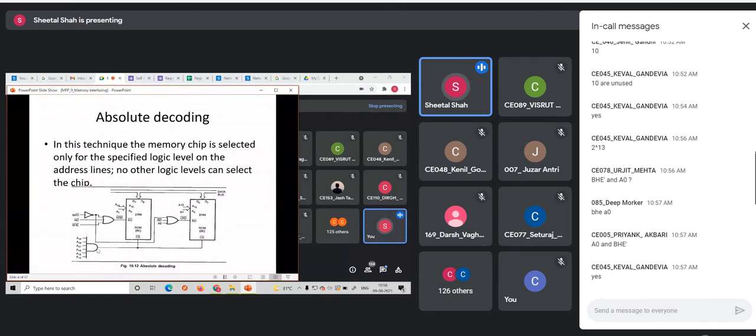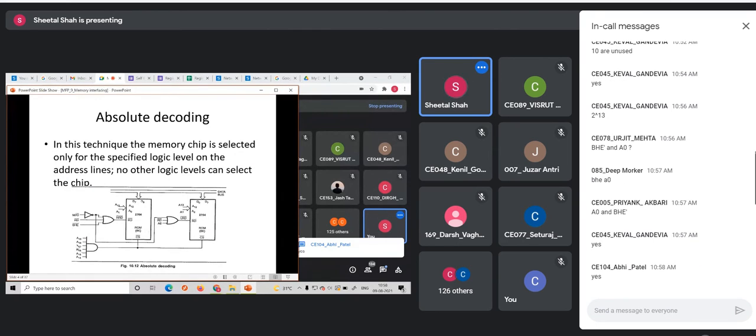Now to select these ICs, what should be the inputs of this NAND gate from A14 to A19? All of them should be ones. Do you agree to this, all of you? So A14 to A19 are 1.